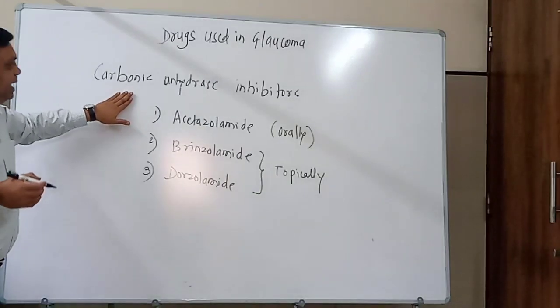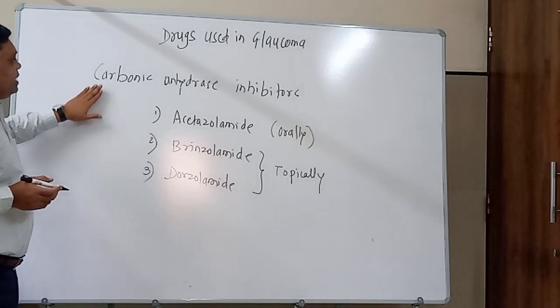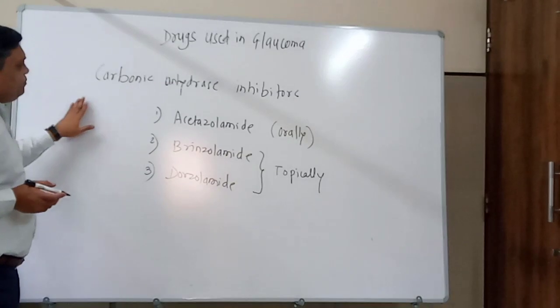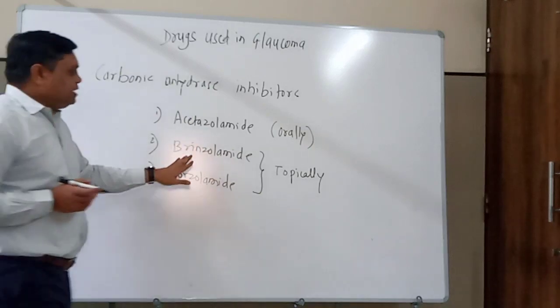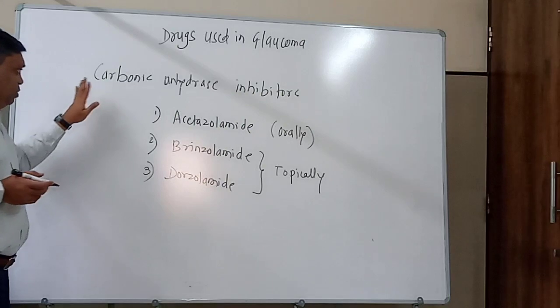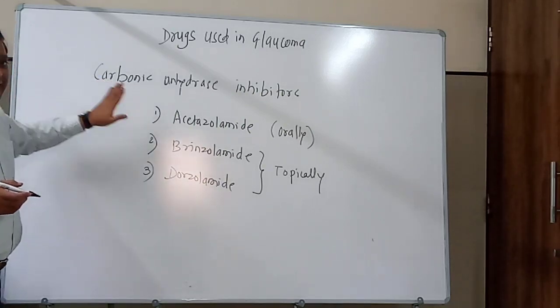Carbonic anhydrase inhibitors inhibit the carbonic anhydrase enzyme present in the ciliary epithelium. Acetazolamide is used orally; brinzolamide and dorzolamide are used topically. Now see the adverse drug reactions.